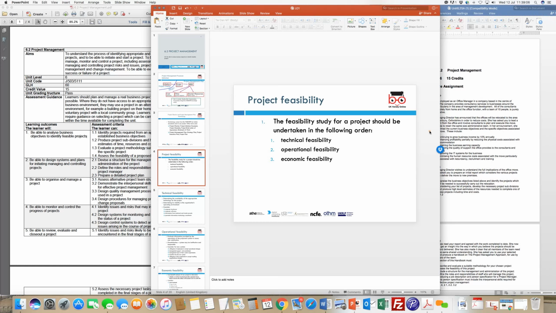And when we look at feasibility, we look at three different areas of the project feasibility. We look at technical feasibility, we look at the operational aspect, and we also look at economic aspect.